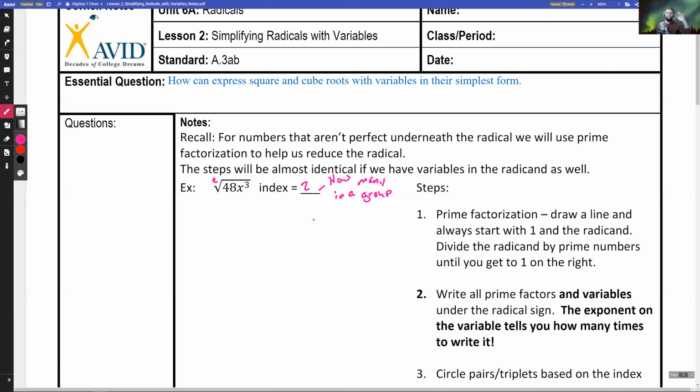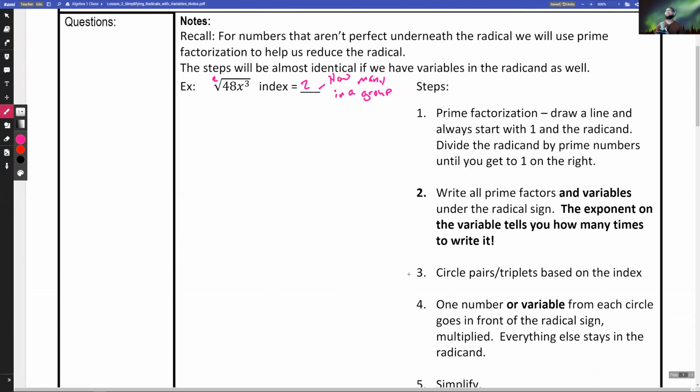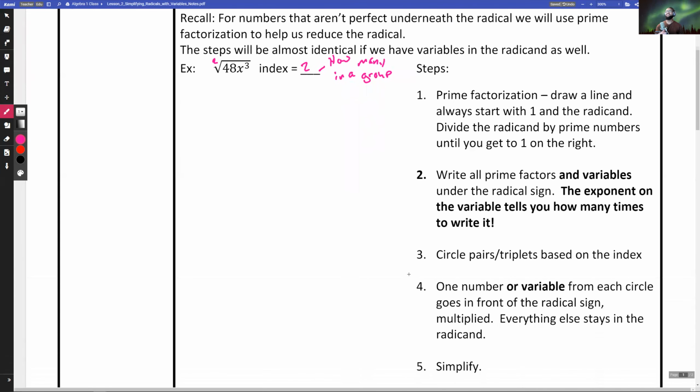The steps are there in case you don't quite remember them, but for the most part, I'm going to use this as an example and not go step by step until we get to the variable portion.